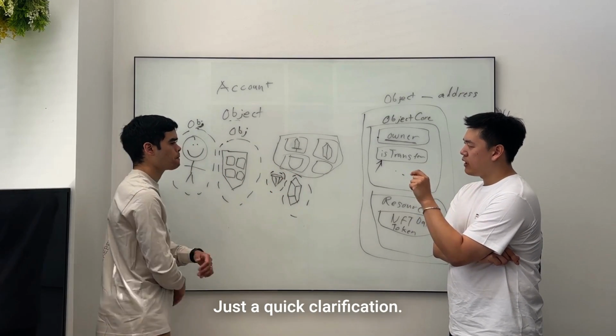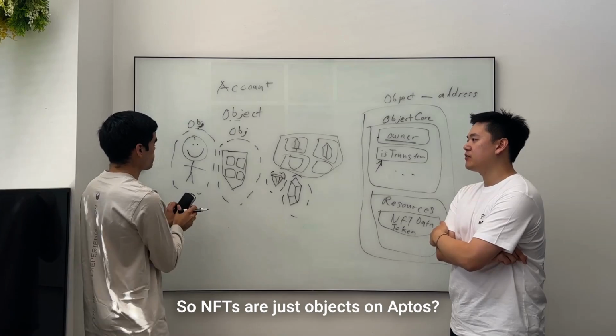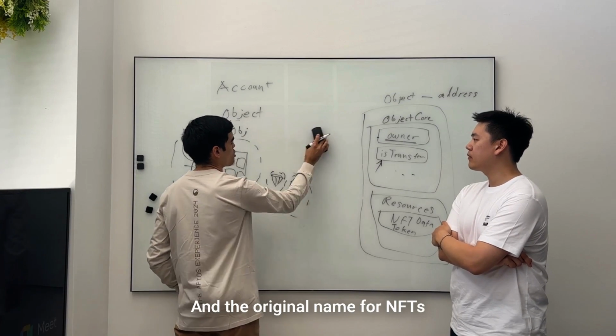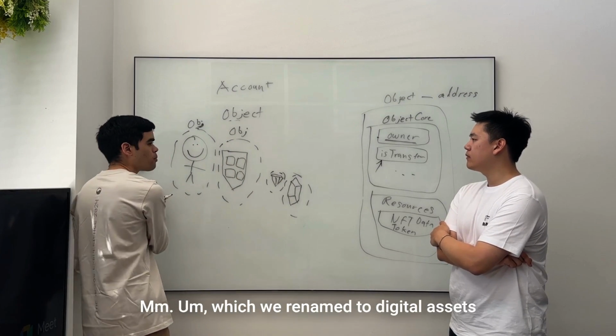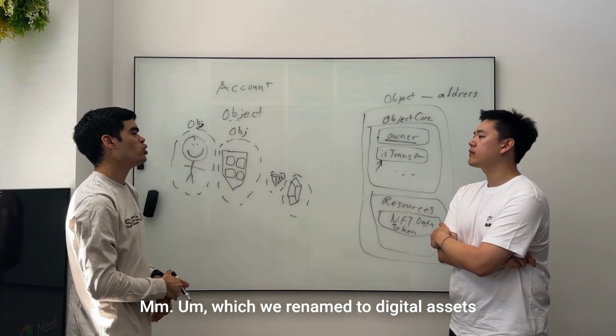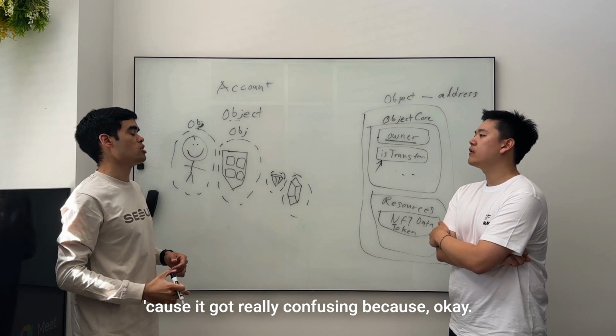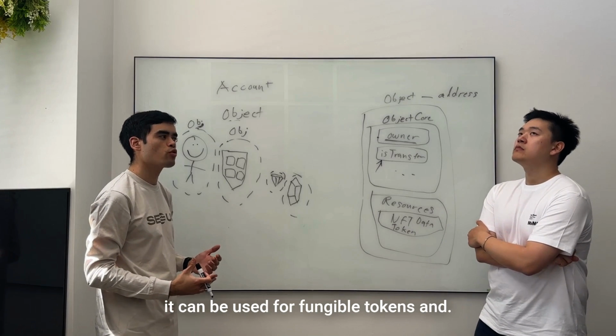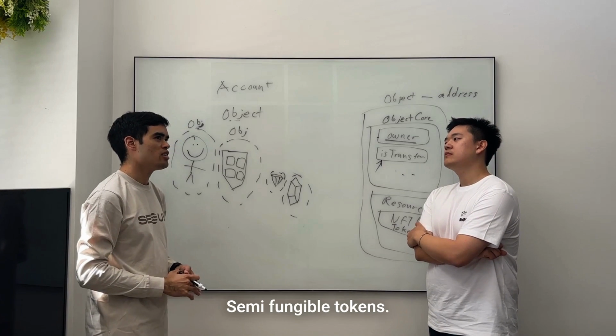Just a quick clarification: NFTs are just objects on Aptos. The original name for NFTs on Aptos was token objects, which we renamed to digital assets because it got really confusing. It was kind of an NFT standard, but it can be used for fungible tokens and semi-fungible tokens.